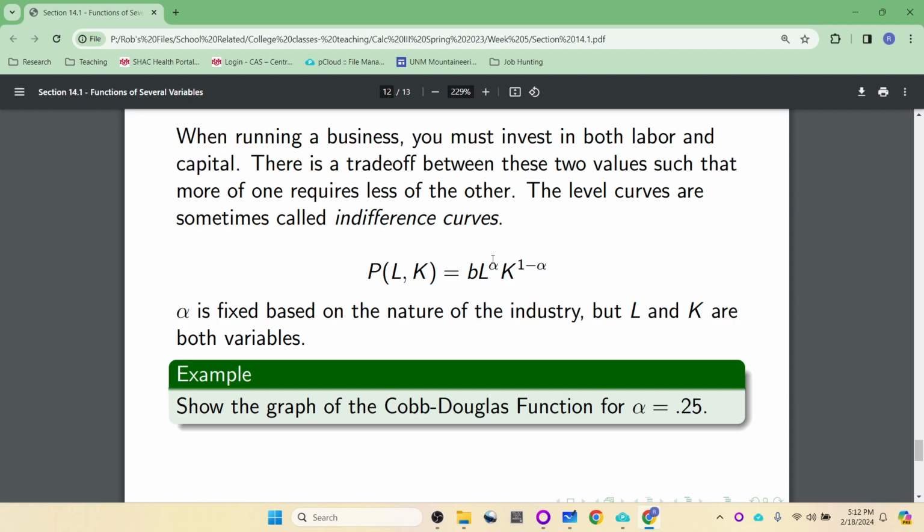L and K are for labor and capital, but you can use X and Y, it's just as good. And it will show you a curve in 2 dimensions. And that curve means all the places where alpha is 0.25. So all the places that would give the same amount of productivity.